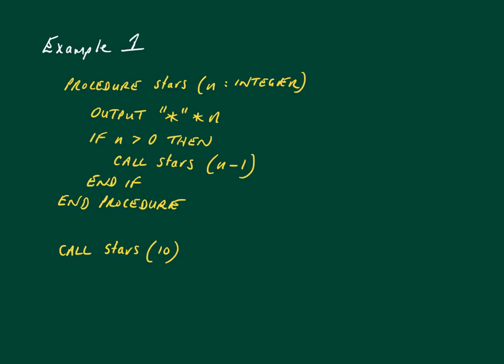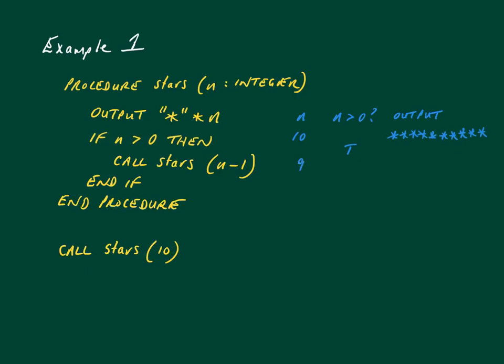So this is how it looks in a trace table. If we start with n being 10 when it was passed in, we output 10 stars. And then we test to see if n is still greater than 0. Well, it is. So then we call stars with n minus 1, and that creates a copy of this procedure in the computer's memory. And so n is now 9.